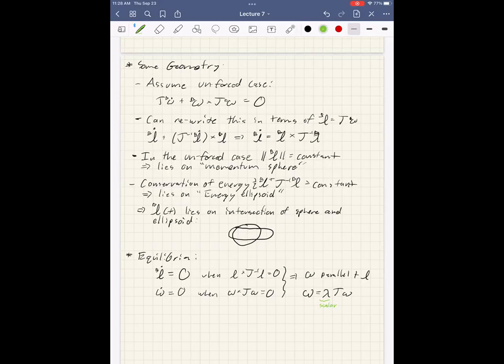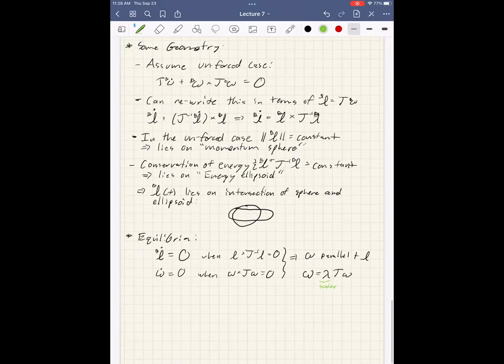So it turns out there's 6 total equilibria.